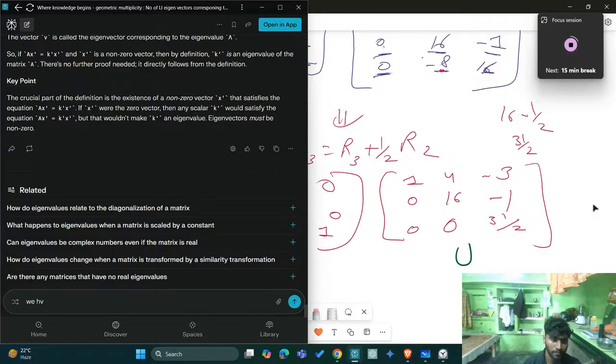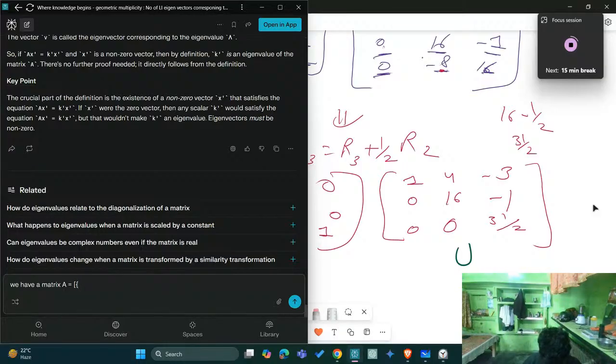We have a matrix A equal to 1, 4, minus 3, minus 2, 8, 5, 3, 4, 7.